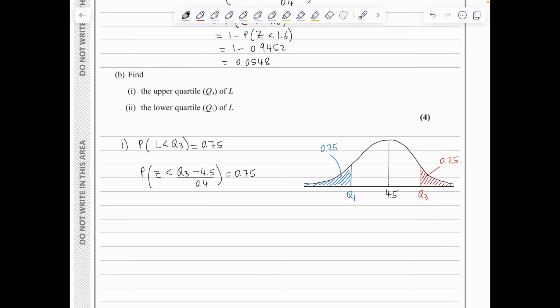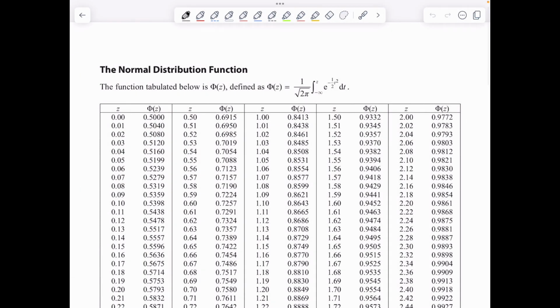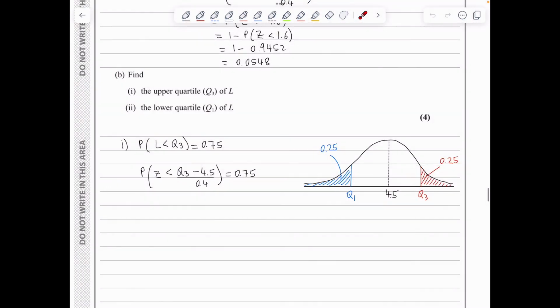I will go to the probability table to extract the value corresponding to a probability of 0.75. So going through the phi of z, the probabilities, we see that the closest value for 0.75 gives me a z value of 0.67, and therefore we can say that Q3 minus 4.5 over 0.4 is equal to 0.67.